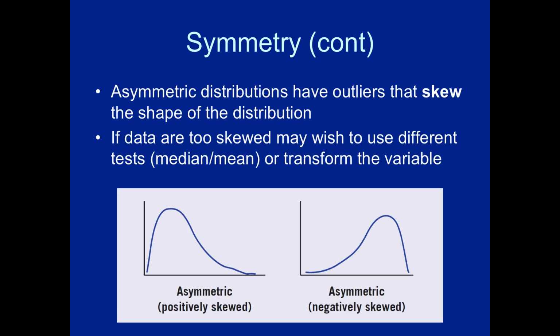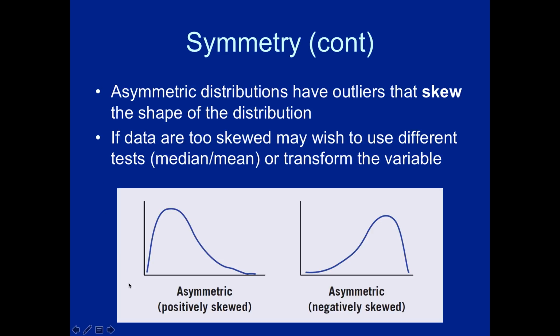Then asymmetric distributions have outliers, so that would skew the shape of your distribution. So when this happens, you might decide to use the median instead of the mean because those outliers are influencing that mean to be higher than the population's most common score would be.